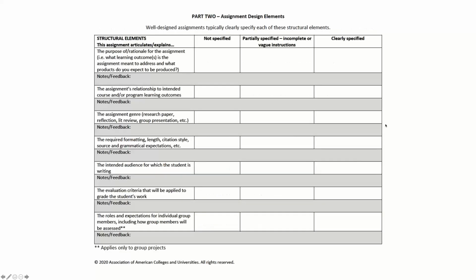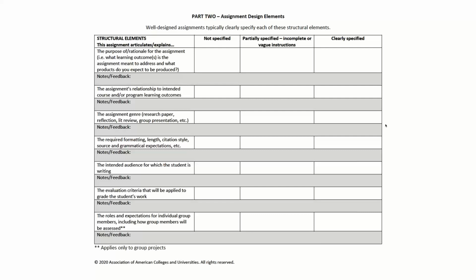Part two is specifically looking at a variety of structural elements for well-designed assignments. There's a variety of different things listed here. Is the format clear, the length, citation style, grammatical expectations, stuff like that. Have you included that within the assignment?